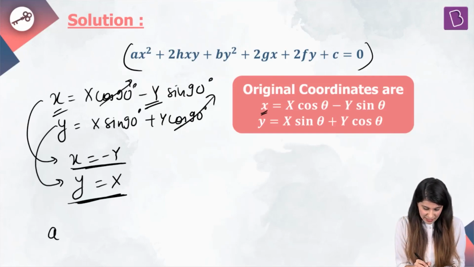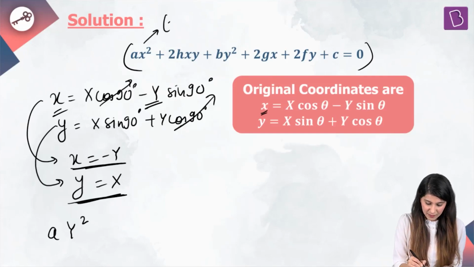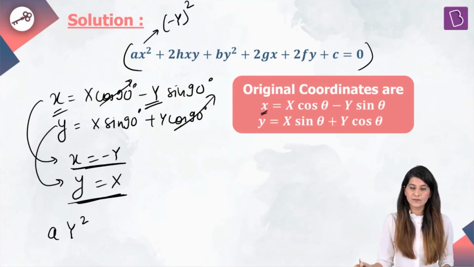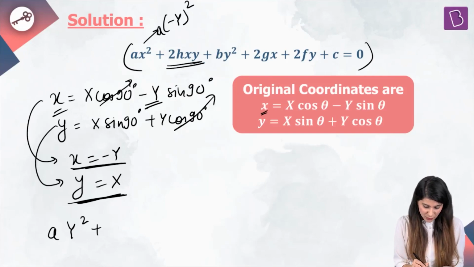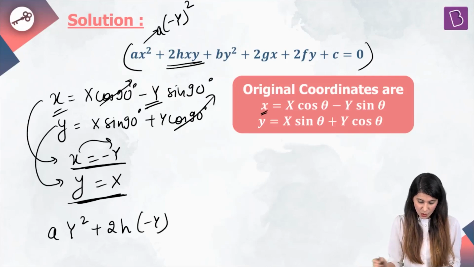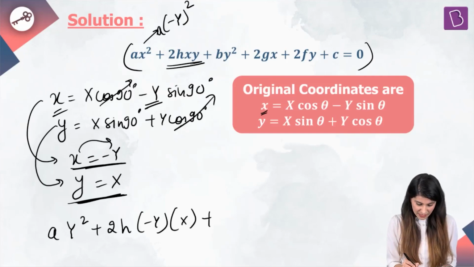So here a Y square will be there, because x will be replaced by minus Y, so a times minus Y squared will be there. Okay, cool. This 2hxy becomes 2h times small x, minus Y, and small y is capital X. Sorted. Plus b y square, so bX square this time.